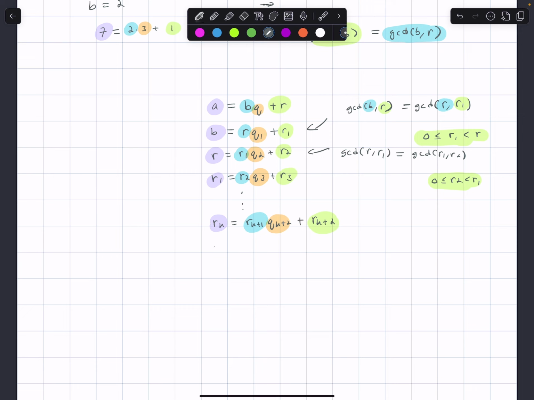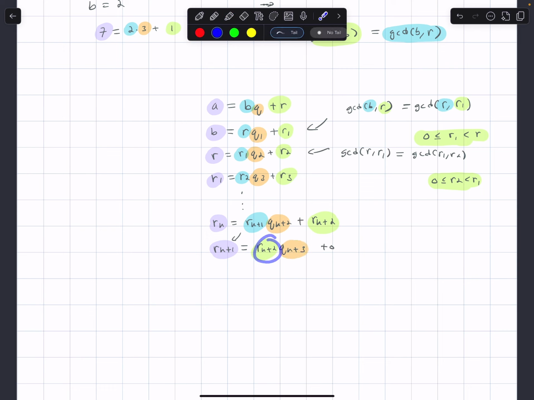I was going to make this a bit more complicated than it needed to be. Rn plus 1, so moving this one down here, is going to be Rn plus 2 times Qn plus 3, and then plus 0. So Rn plus 1 has Rn plus 2 as a factor, and Qn plus 3 is the quotient. And so what does this tell me?